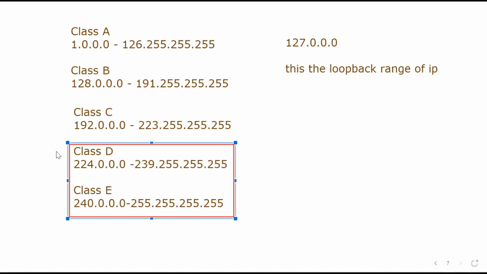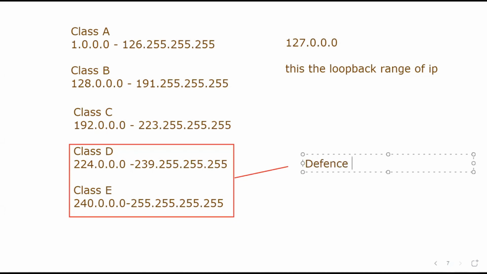They are reserved for defense research and development. Okay. So we have discussed how INA gives to the ISP and they will provide the hosts. Okay.